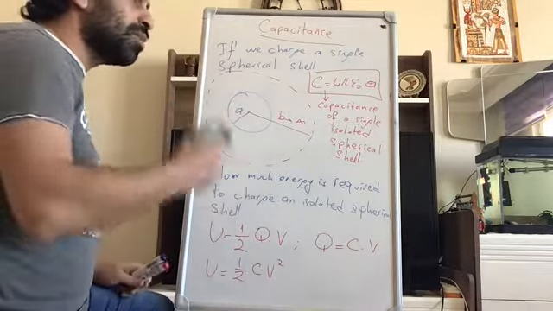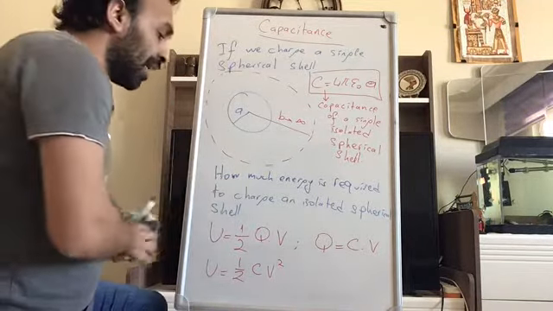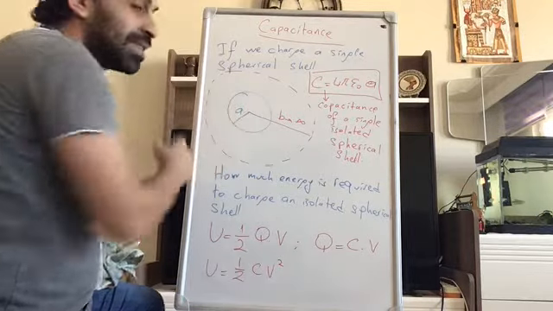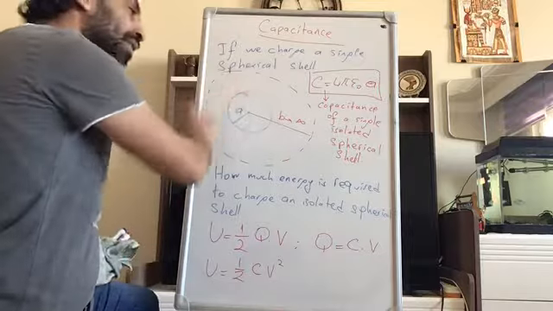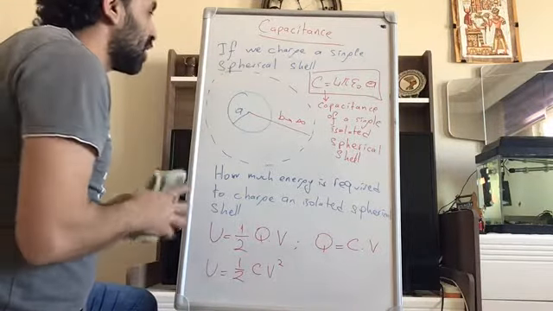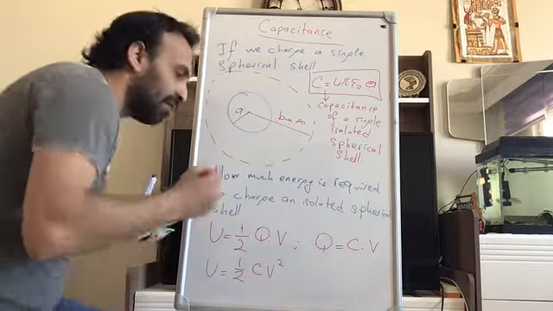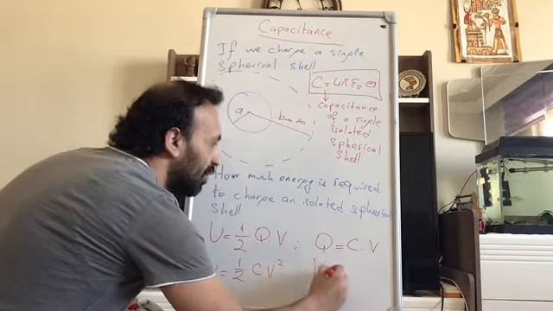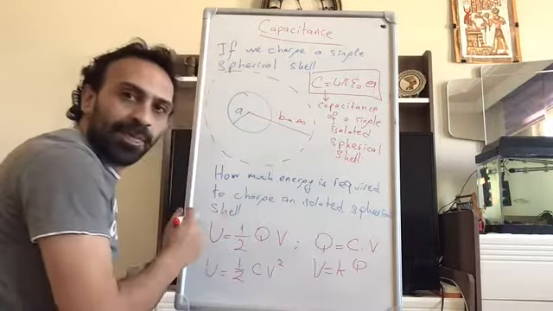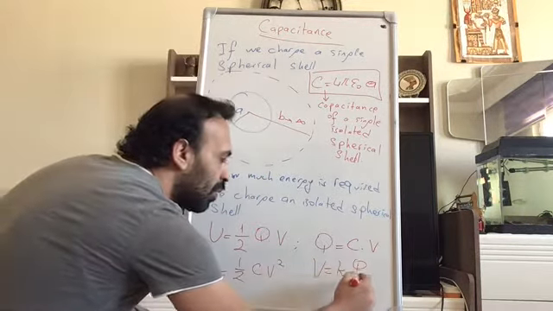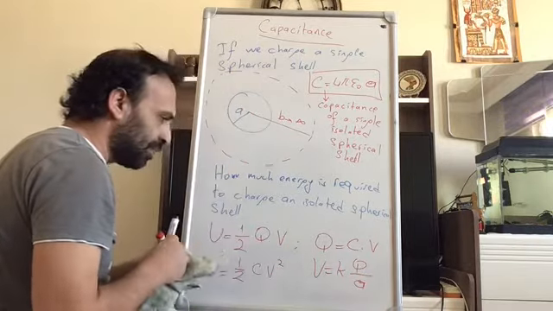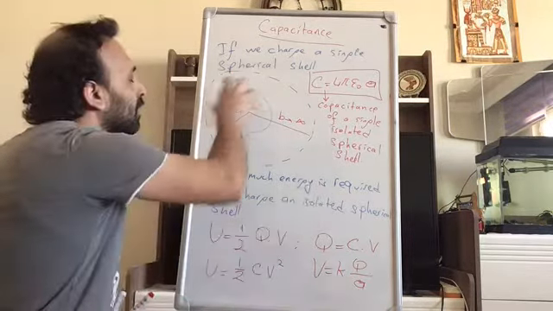And what is the electric potential for a spherical shell? You need to go back and remind yourself what the electric potential on the surface is. We calculated the electric field and electric potential on the surface of this spherical shell, and we found that V for such a spherical shell is K times the total charge over A, where A is the radius of the shell.